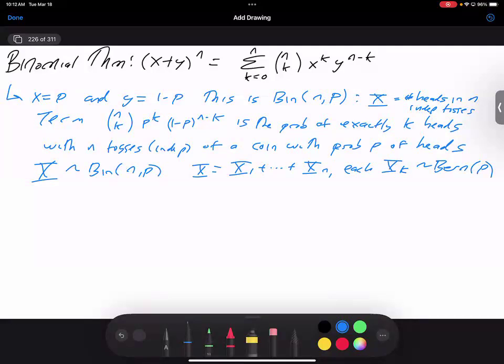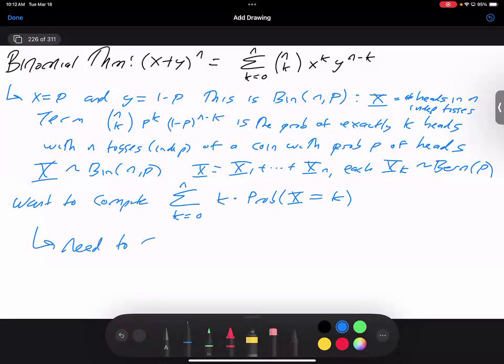Since they're independent, could we calculate the variance of x? Absolutely. And I made sure I put a slide just so that it's in the notes. Let's use the binomial theorem. Okay, so now we're going to solve with differentiating identities. So we want to compute the sum, k goes from 0 to n, of k times the probability x equals k.